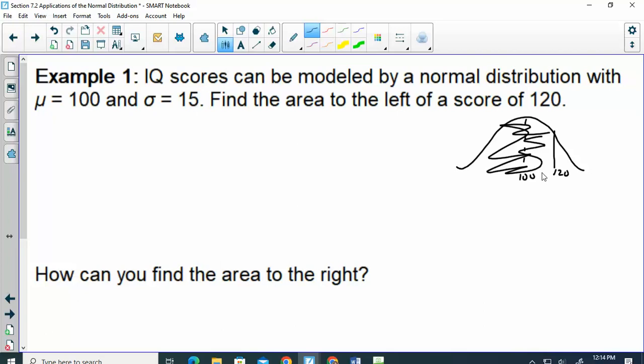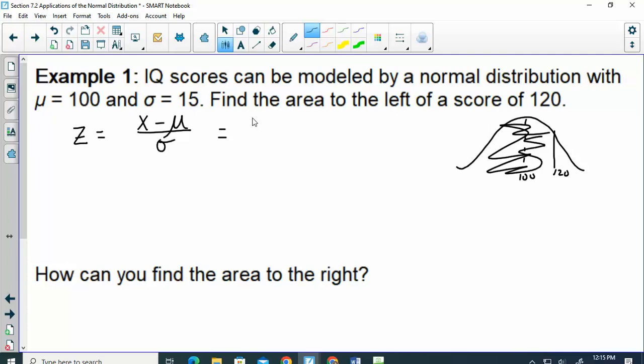But my table that I'm giving is not centered around 100. It's centered around 0. So we have to first find our z-score. So z-scores, back from when we did them, that's x minus mu divided by sigma.